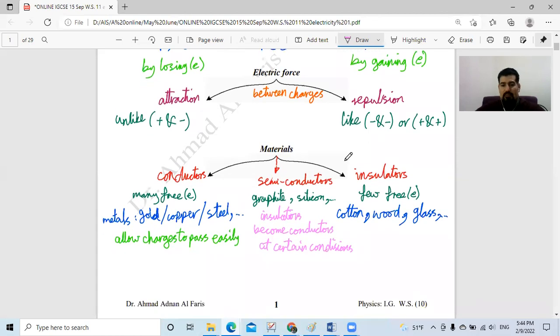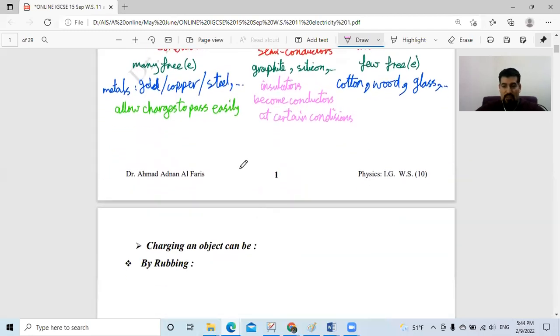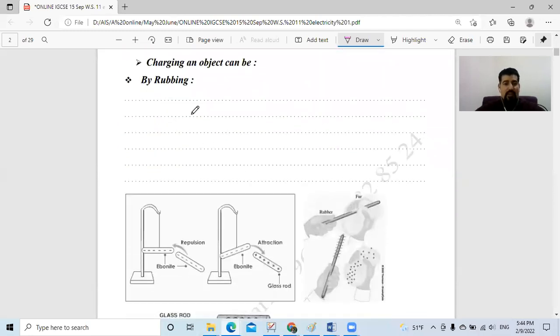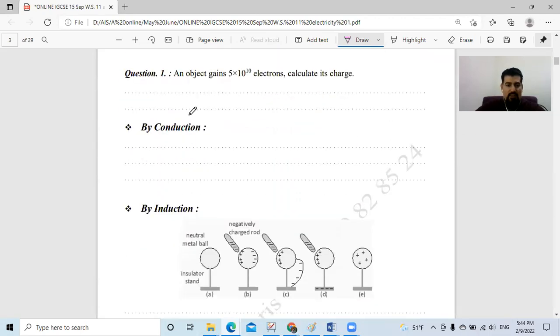Okay, so now the most important question of this first topic of this first lesson: how can we make an object charged? Charging an object can be done in several ways. First one, by rubbing. Second one, by conduction.